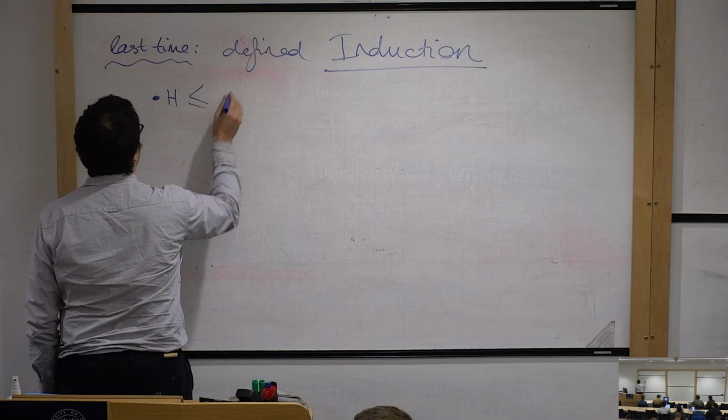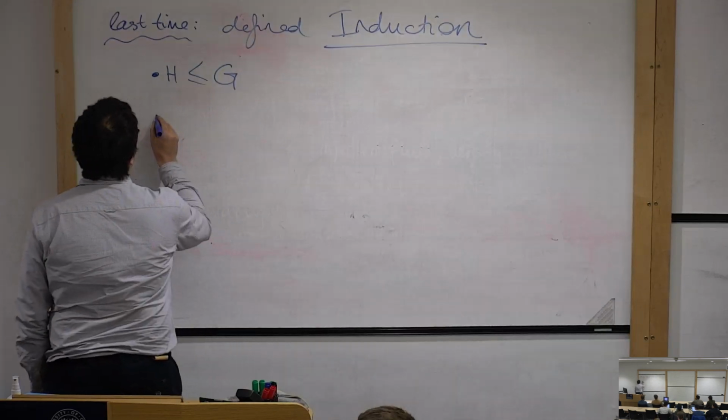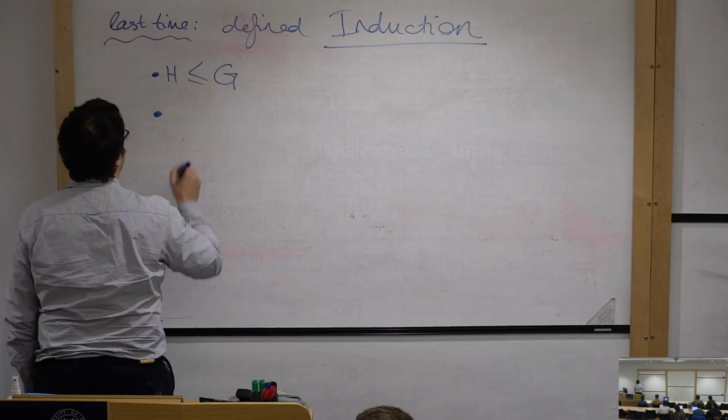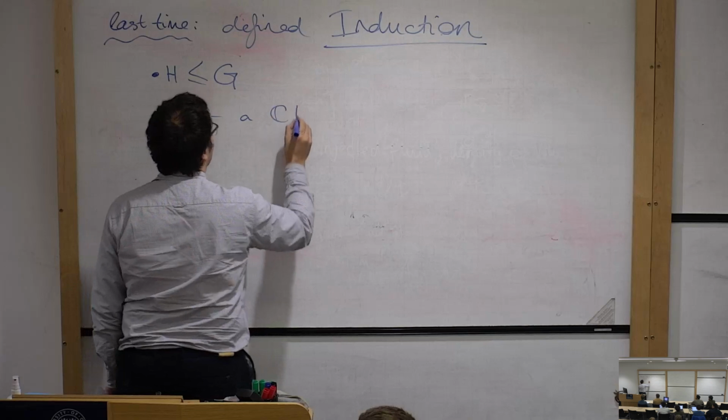So maybe I always have a subgroup H of a group G, and let's say I have U a CH module.